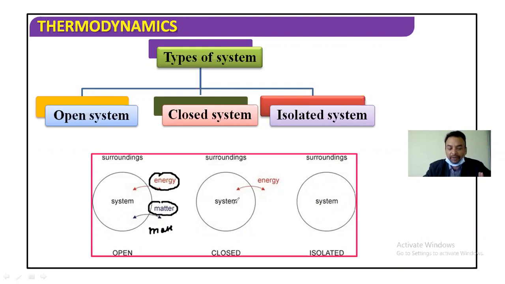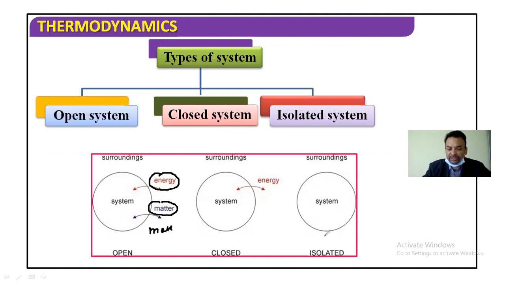For example, if we place a plate on the cup of tea, then no vapors, no evaporation to the surrounding will be there. Only the heat will go to the surrounding. So that is called the closed system. A cup of tea having a plate over it becomes a closed system.